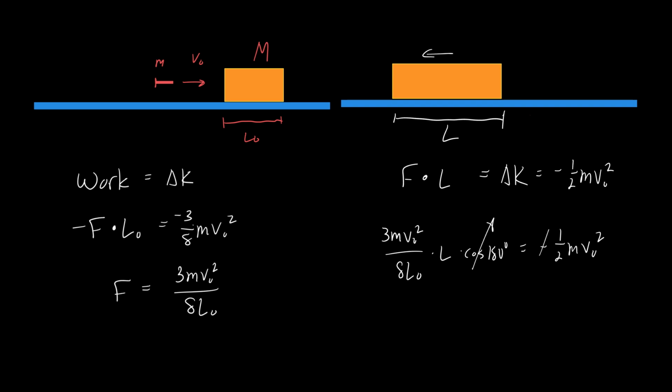Cosine 180 and the negative sign go away. The m v naught squared terms go away. And it looks like I will have L equals 4/3 L naught. If my arithmetic is correct, I think that's it. I'm pretty happy with the fact that it is a bigger brick. So that's good. I'd be a little bit frustrated if it was 2/3. Then that wouldn't make any sense. But yeah, I think that's it.